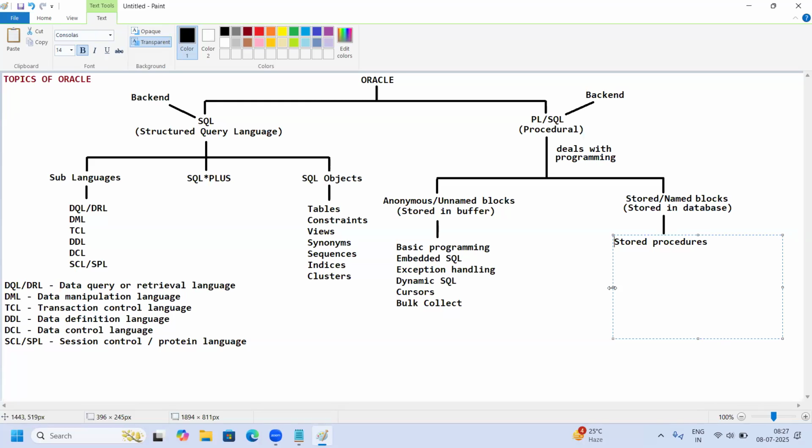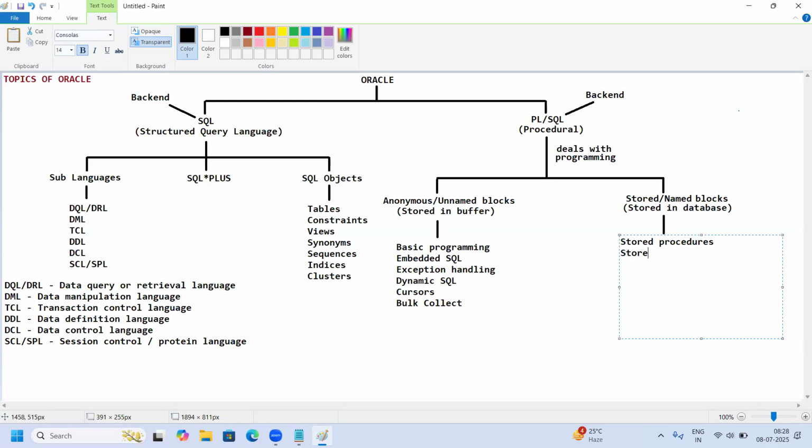This is one of the most used topics for real-time programming, because it is stored in database, and it provides security, readability, reusability, and extensibility. These are benefits of stored block programming. For that reason, the most preferred topic in real time could be stored procedures.